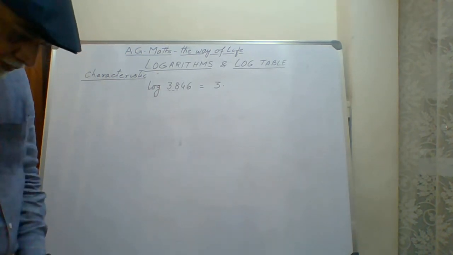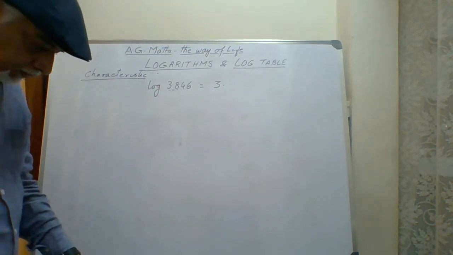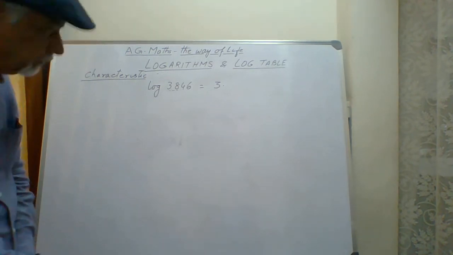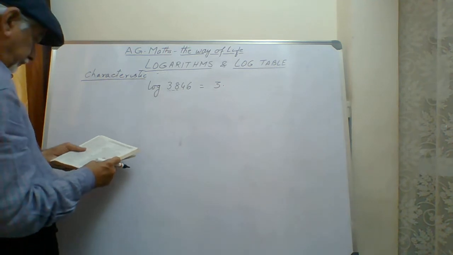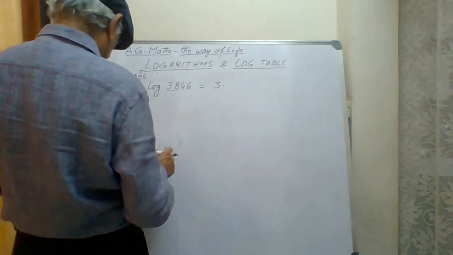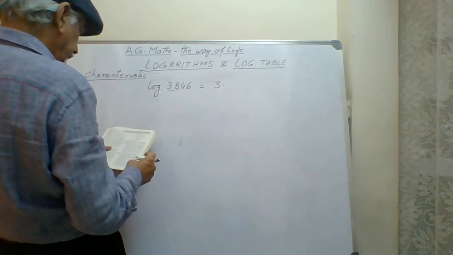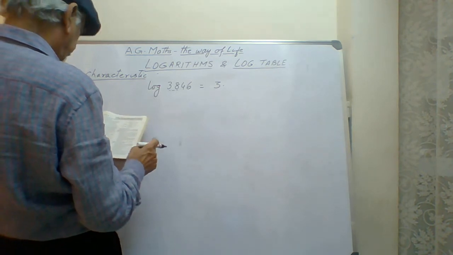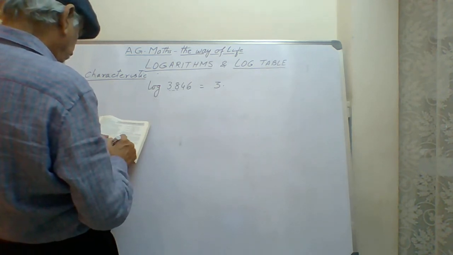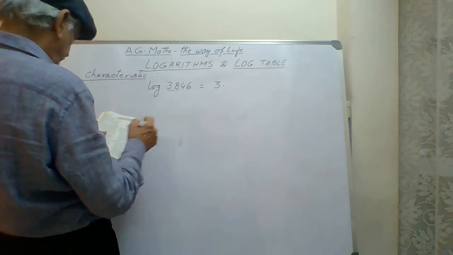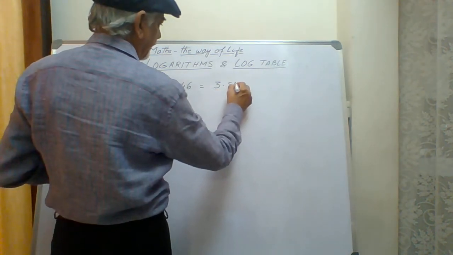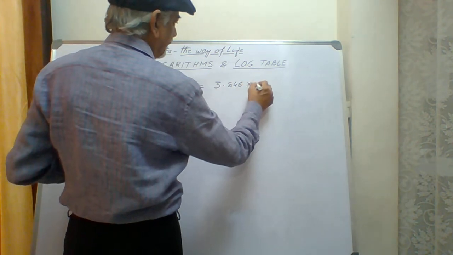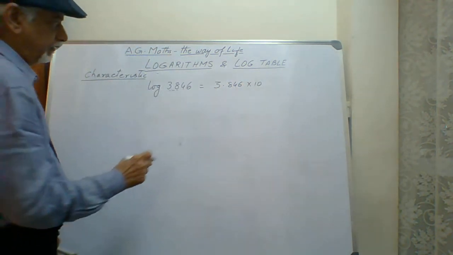So when you look at this, you get the value for something. That is my value for 3846, coming as log of 3.846 times 10.